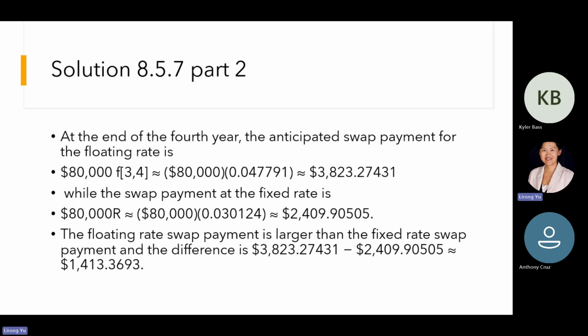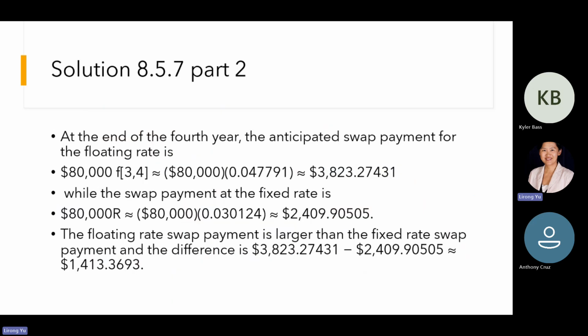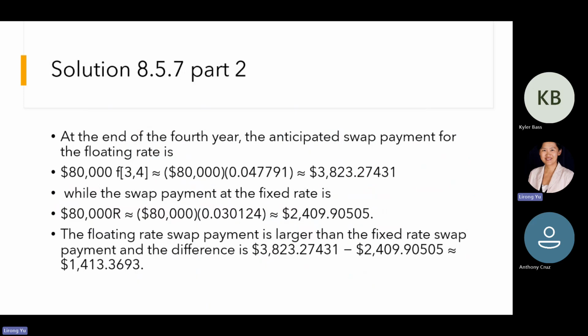Now that we know what we use for R and what we use for the floating rate: F34 is 4.79%. So the floating payment is 80,000 times that rate. It's giving you the cash flow. Now for the fixed rate, we know the rate is 3.1024%, so we multiply that with 80,000 to get the cash flow.